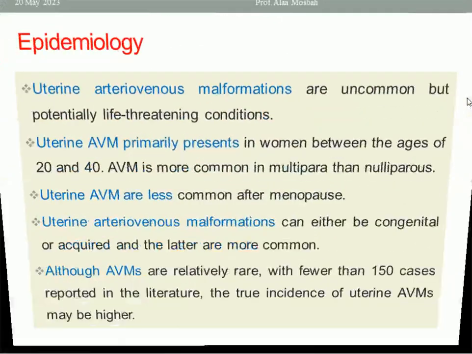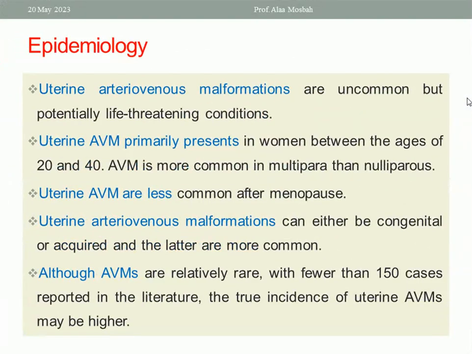Okay? So what about the epidemiology? Is it a common problem? No, it is uncommon. Arteriovenous malformation in the uterus is uncommon, but a potentially life-threatening condition. Which age is affected more? The childbearing age, between 20 and 40 years old. And it is also commoner in multipara than nullipara.